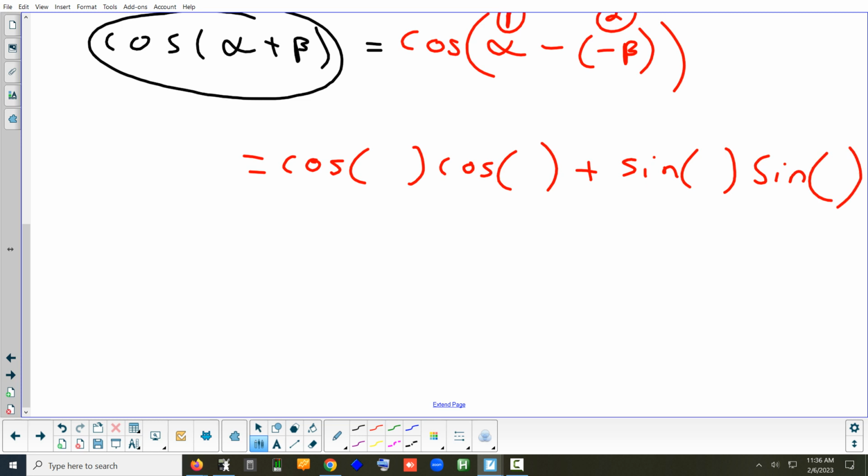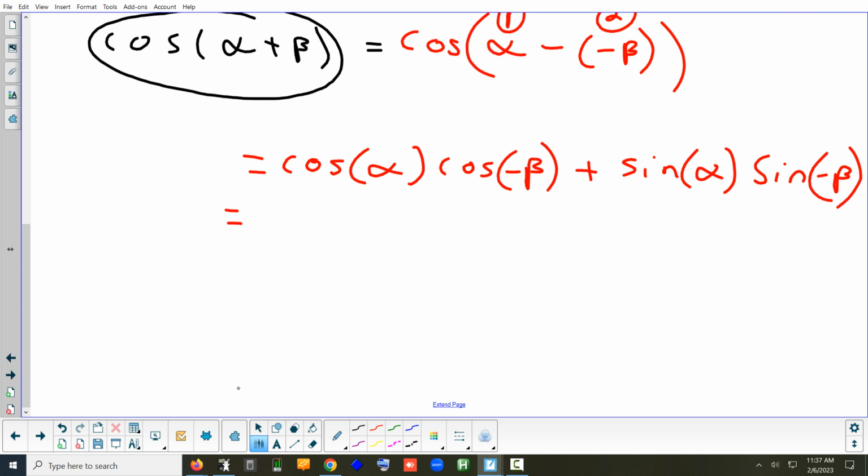What's my first one? Alpha. And my second one? Negative beta. My first one? And my second one. Okay. So we've got some negatives inside those arguments, so we've got to fix those negatives. Is the top one the formula, or are we finding the formula still? We're still finding it.